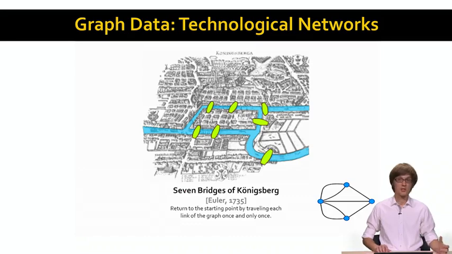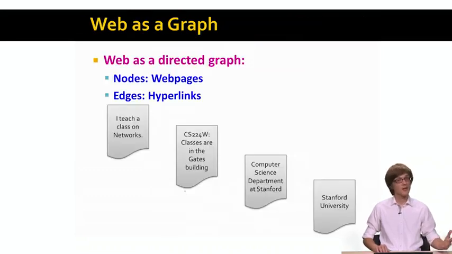This can be formulated as a graph problem. Other examples of technological networks are power grids, road networks, water distribution networks, and so on. It's important for us to understand the structure of these networks to detect failures, to detect disease outbreaks or contaminations, and so on.